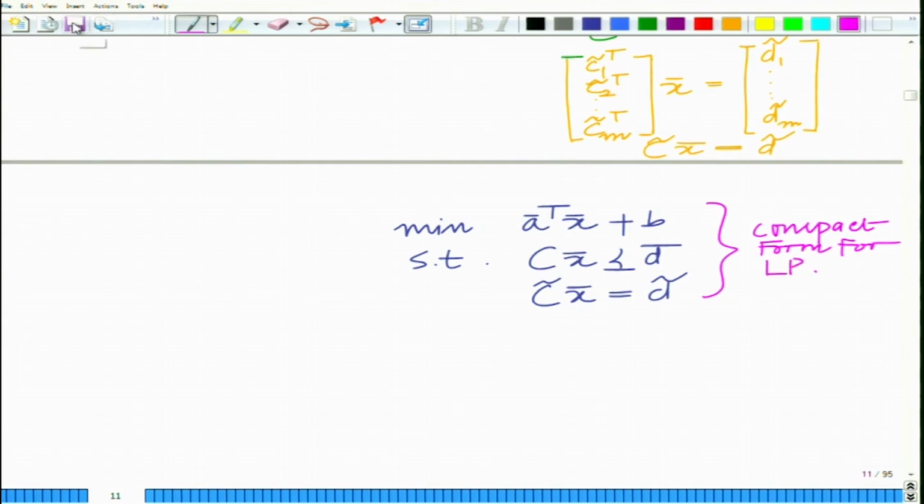This is the compact form for the linear program, which expresses your linear program very compactly using vectors and matrices.